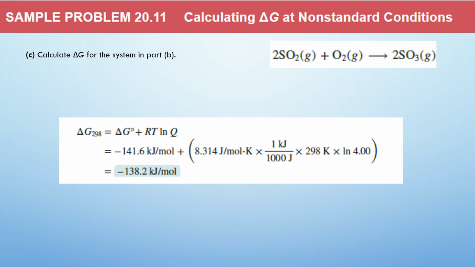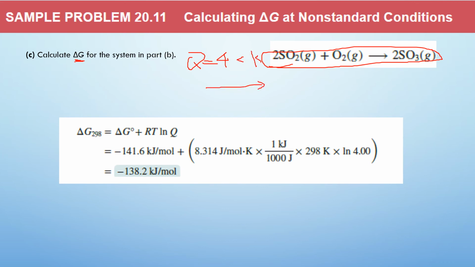For the last question, they want us to calculate the delta G for that system in part B. In part B, we have certain concentrations of each substance in this reaction. We determined Q was equal to 4, which is much less than K, so the reaction proceeds to the right.